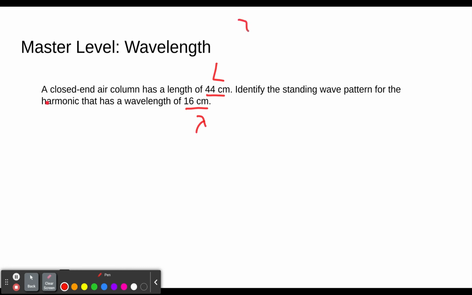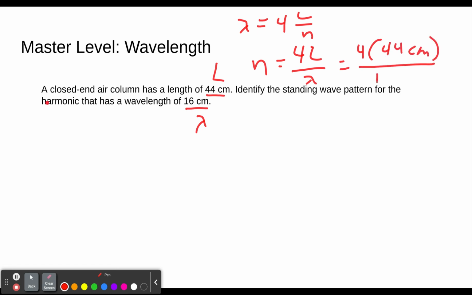And so we have wavelength equals 4 times L over N. Solving for N, we get N equals 4L over lambda. We plug in our values, 4 times 44 centimeters divided by 16 centimeters. Centimeters cancel, and we get 11.